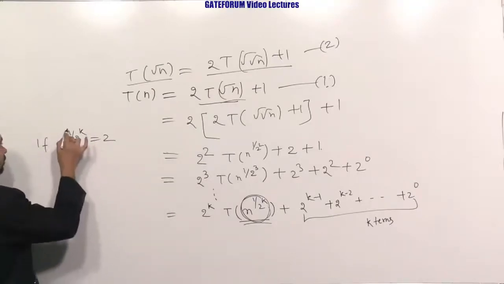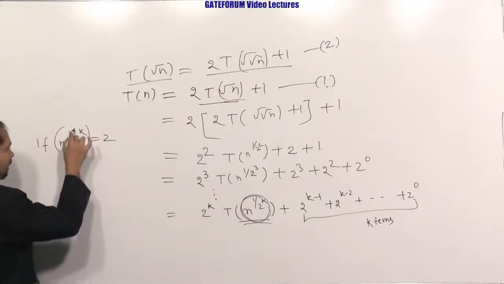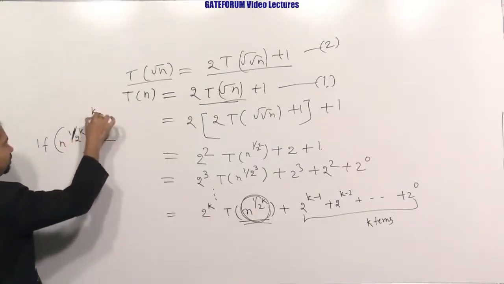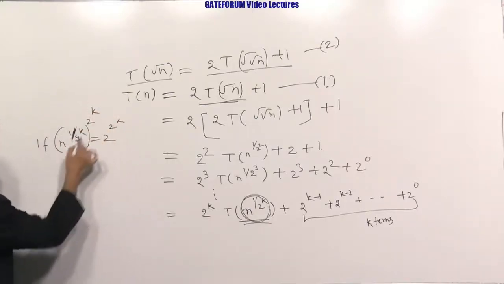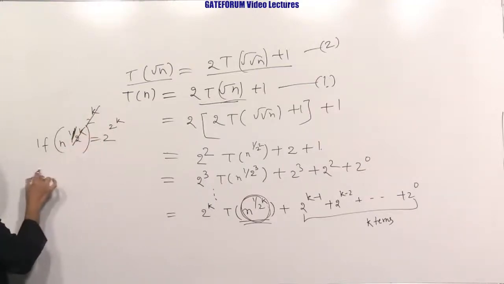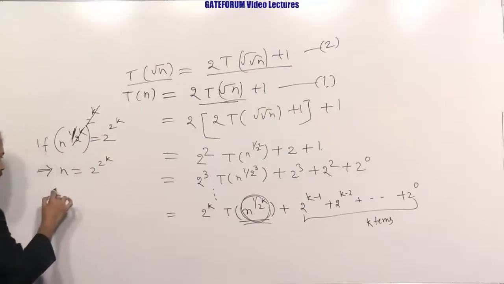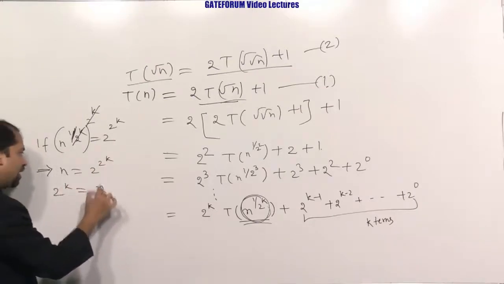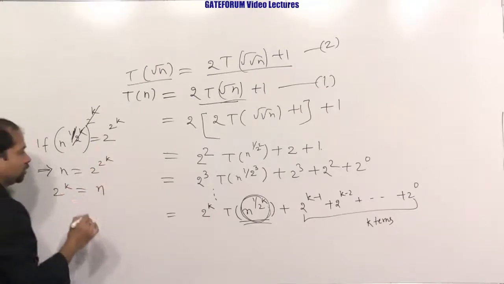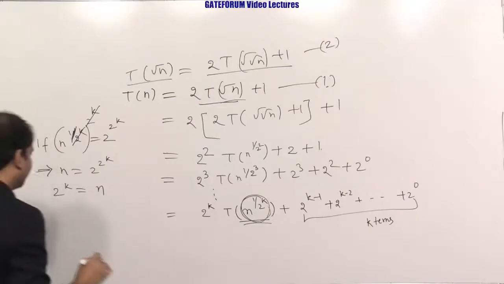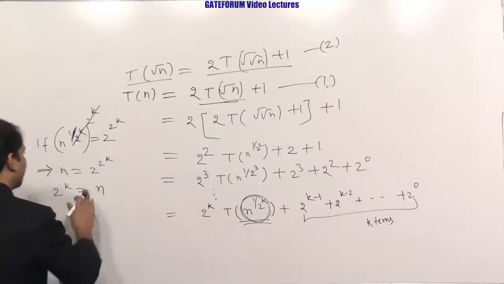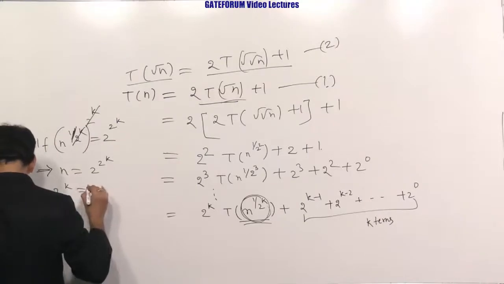So how to solve? We take the power of 2 to the power k on both sides. This is n to the power 1 by 2 power k. If you raise 2 power k on both sides, this will cancel out. So n equals 2 to the power k. Now 2 power k will be equal to log n.